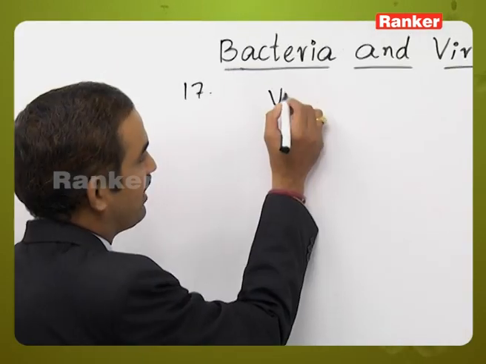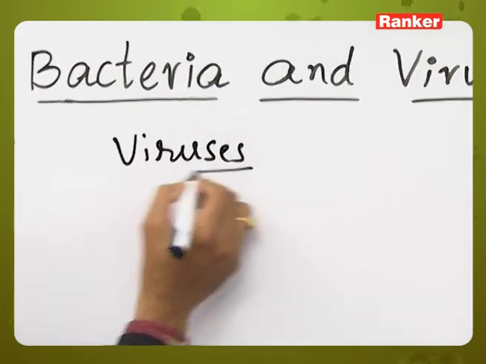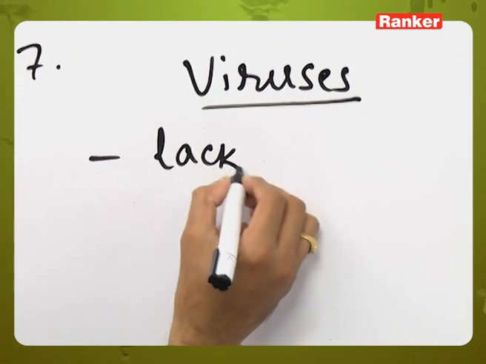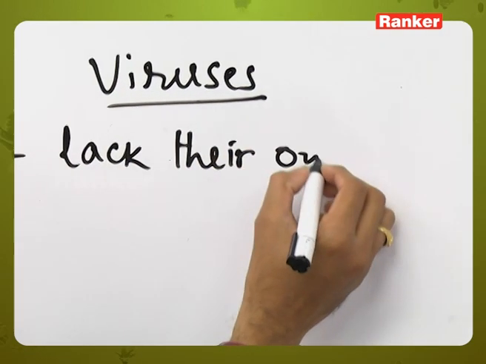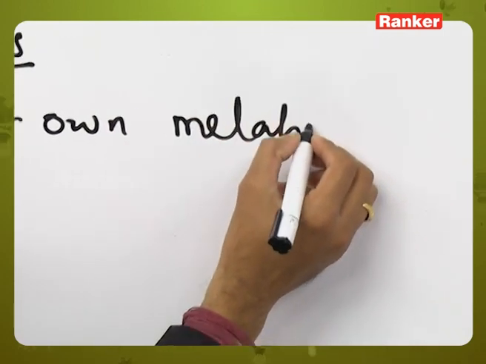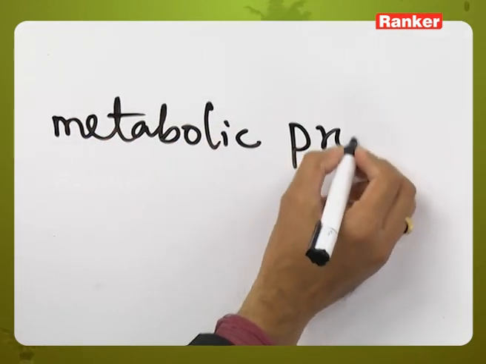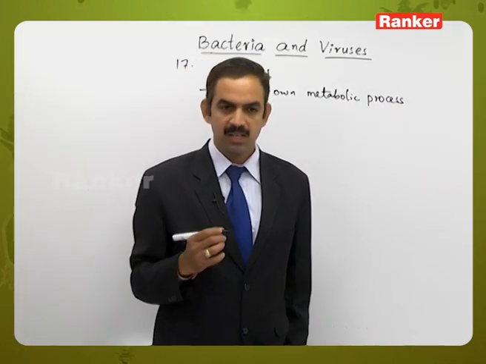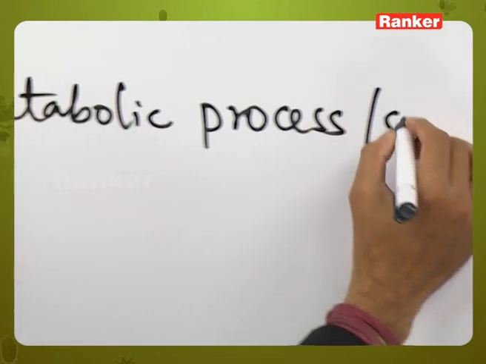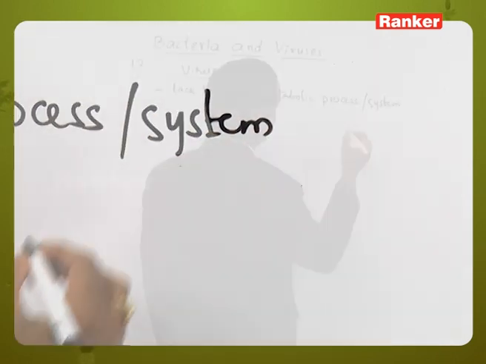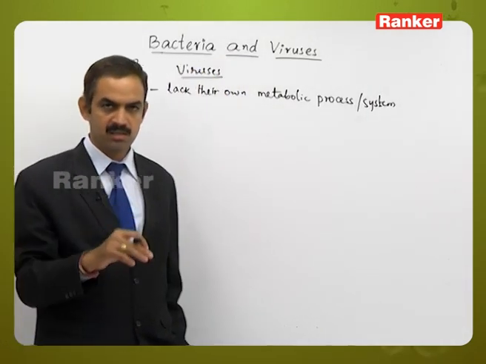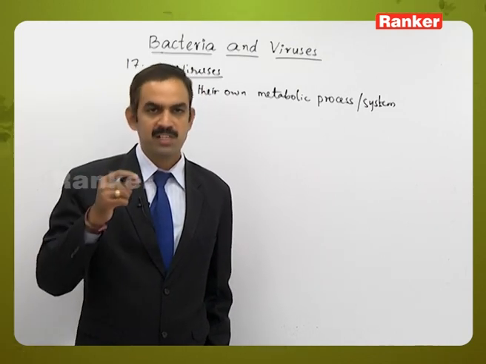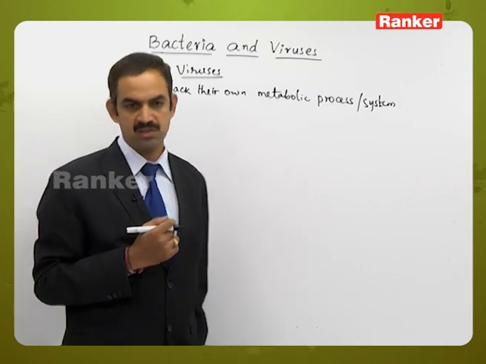So here we need the one which is related to viruses. Actually, viruses lack their own metabolic process. It is not that they do not perform metabolic processes, but they do not have their own metabolic system; when they attack a host, they will use the metabolic system of the host for their functions.